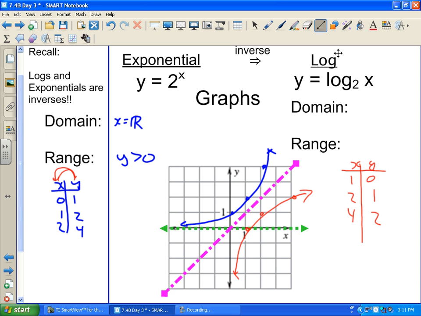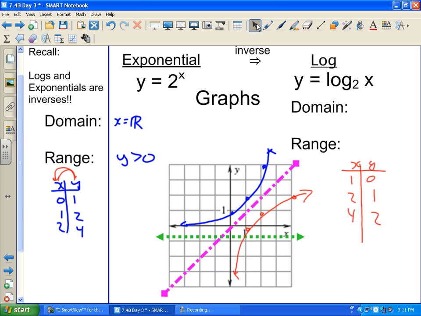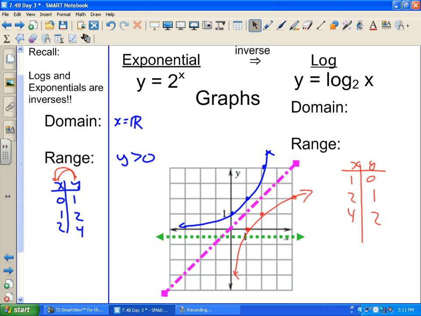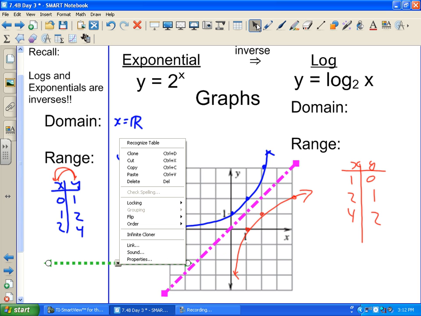This next idea should also make sense to you. When I had the y equals 2 to the x, I had this horizontal asymptote. Oops, don't want to move those things around. Sorry about that. I had that horizontal asymptote. Now, since I'm talking about an inverse function, can't I rotate this?